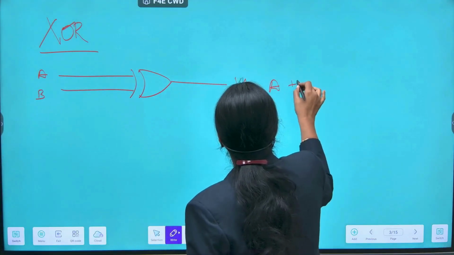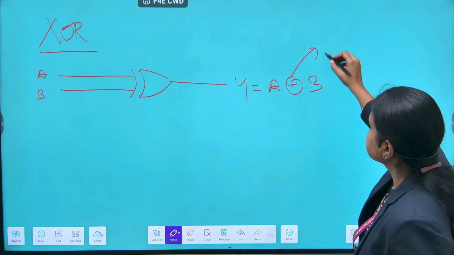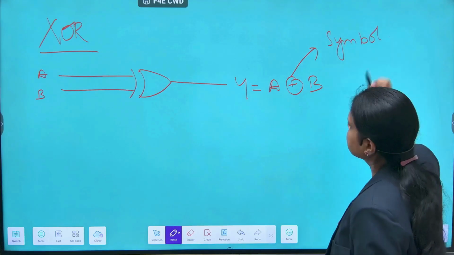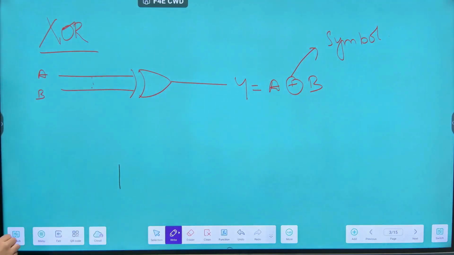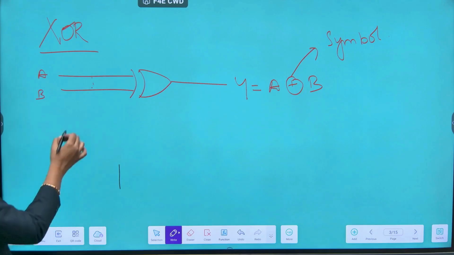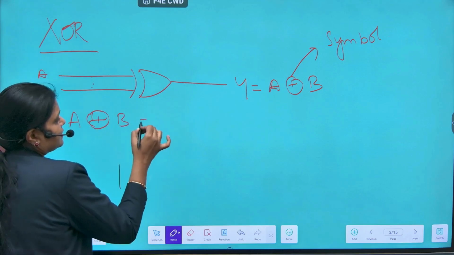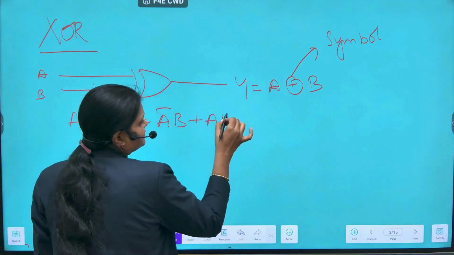This is the symbol of the XOR gate. Here A XOR B means A bar B plus AB bar.